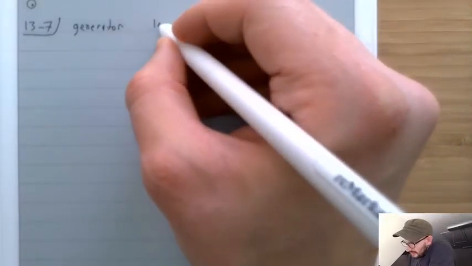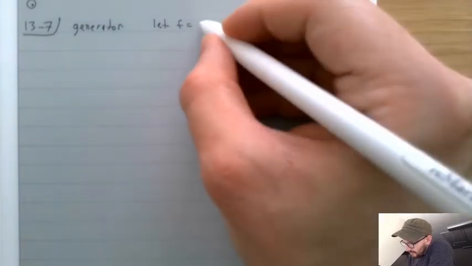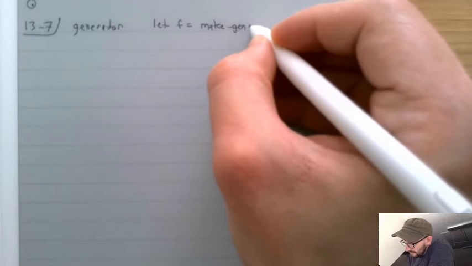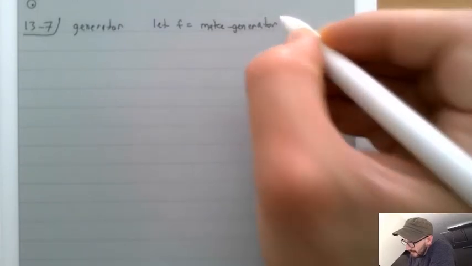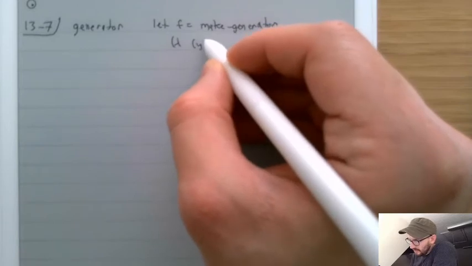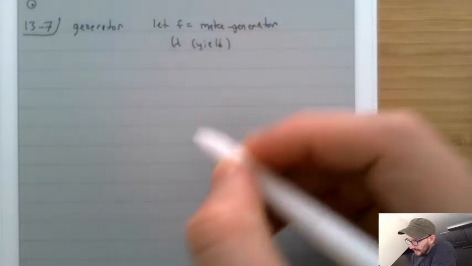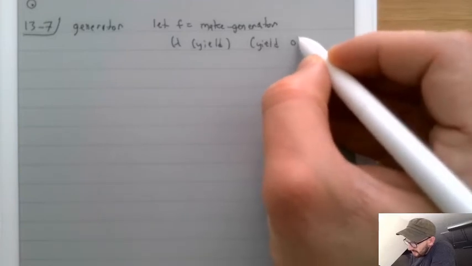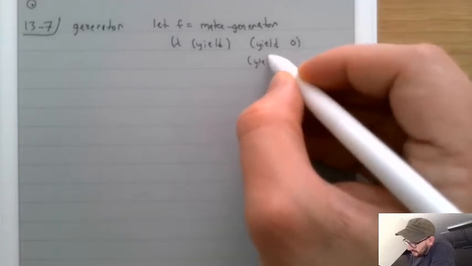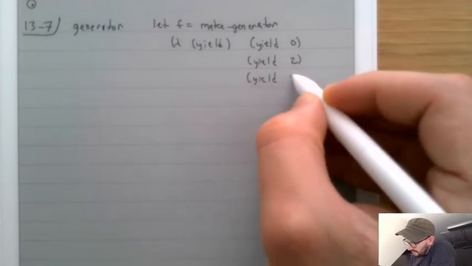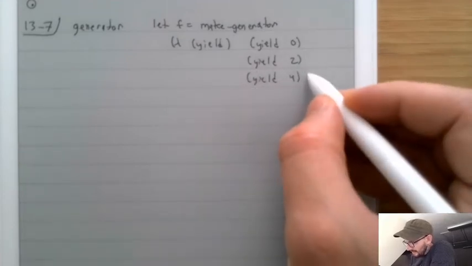So I could say let f equal make generator. Okay. And make generator is going to take a function that takes one argument that's called yield. And then we could call yield on 0, and then yield on 2, and then yield on 4, and then we'd be done.